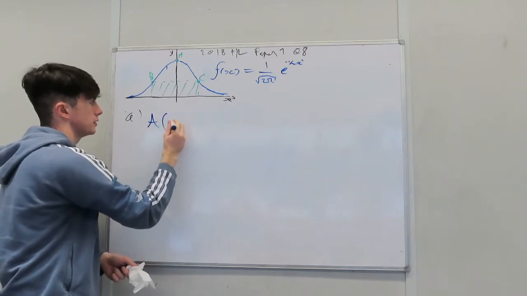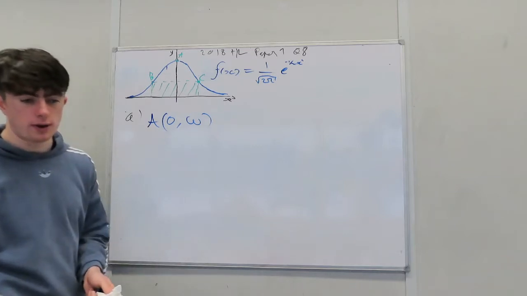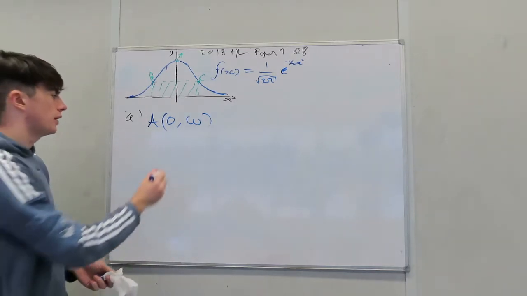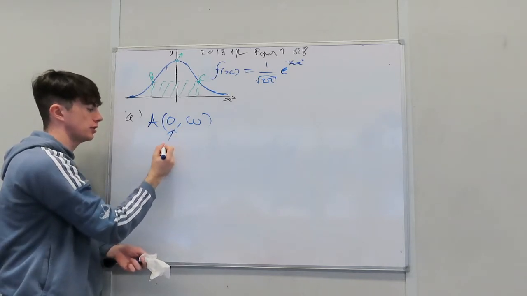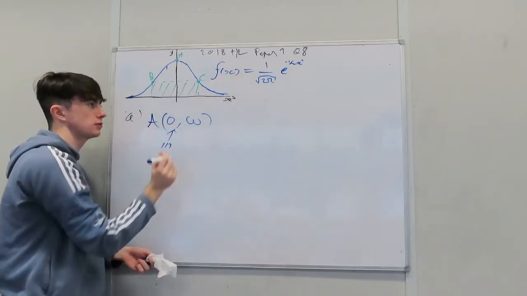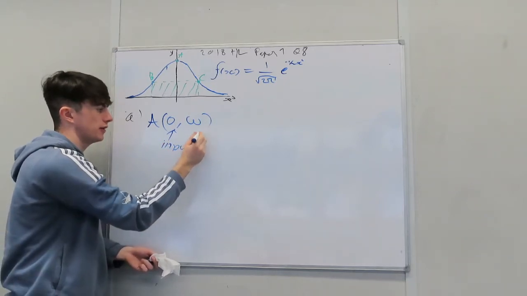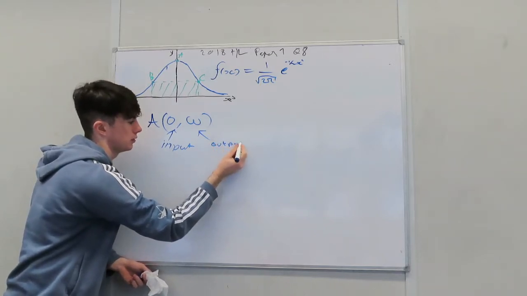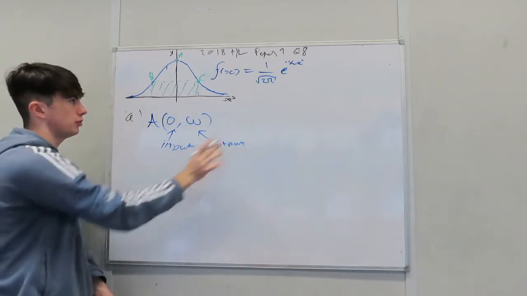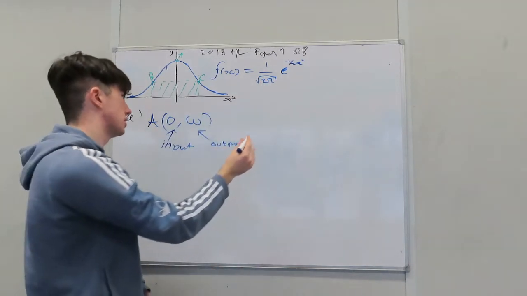So A is 0, something, so we'll call it W for now. And we have our function and we have our input x, because this function's with respect to x, and we have our output that we're trying to find. If we have our input and we have our function, we can find our output very easily.